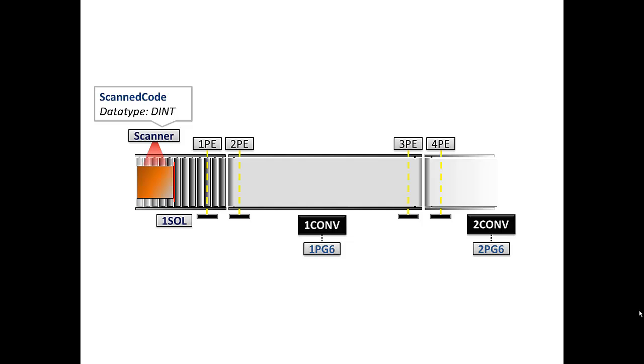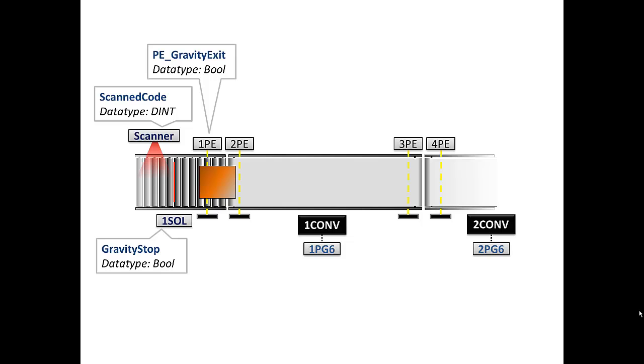Okay, while we're at it, we're going to talk about data types. So the scanned code from the scanner, I'm going to declare that as a double integer data type. Now it could be a string or ASCII, but we're going to keep it simple and just make it a 32-bit double integer. So if this code is good, then the system is going to energize the stop solenoid, which is going to pull it down, and it's going to break 1 PE, which is PE gravity.